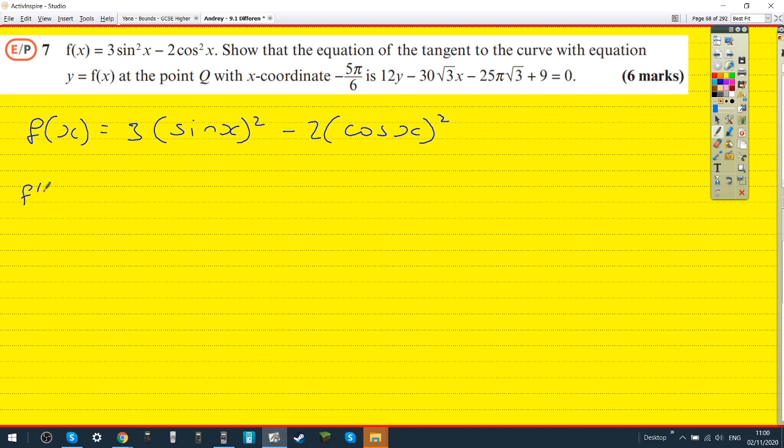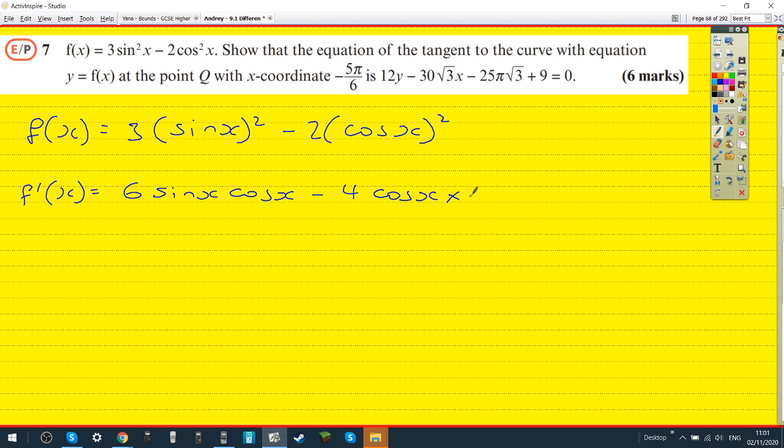So that should be 6 and then sine x and then cos x. Mm-hmm. And then minus 4 and then cos x and then minus sine x.